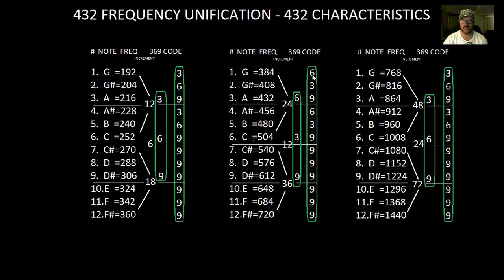So you've gone from, in the 432 octave, 639, 639 to a 369, 369, 999, 999. So what that means is that this is one cycle. This is one cycle.